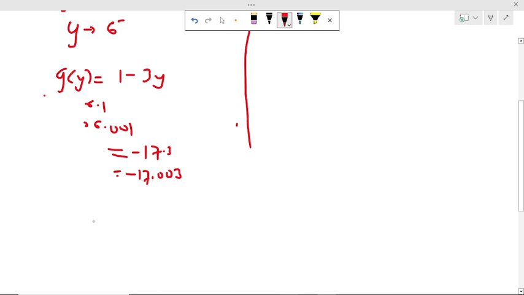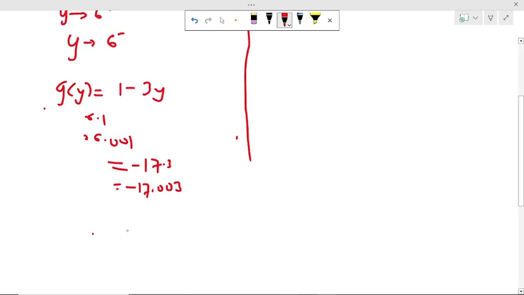Now let me approach from the negative direction. I'm going to take values that are less than 6. So I'll take 5.9 and also 5.999.